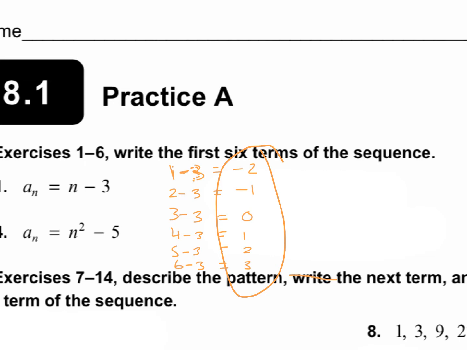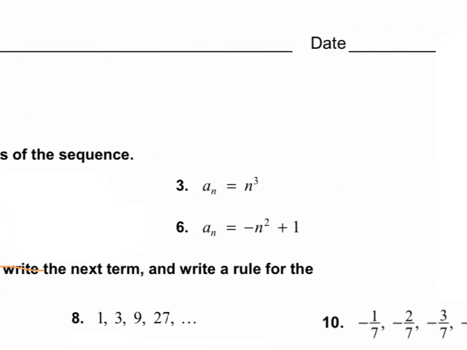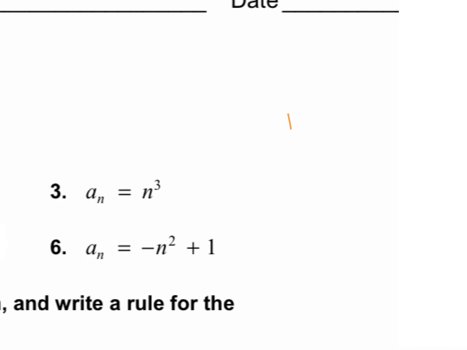We do the same thing for number 3. We have 1 cubed, 2 cubed, 3 cubed, 4 cubed, 5 cubed, 6 cubed, not 7, just the first 6. So this would be 1, 8, 27, 64, 125, and 6 cubed is 216, I think.